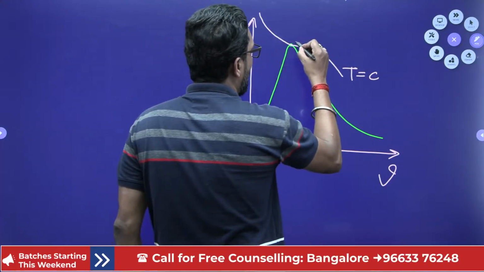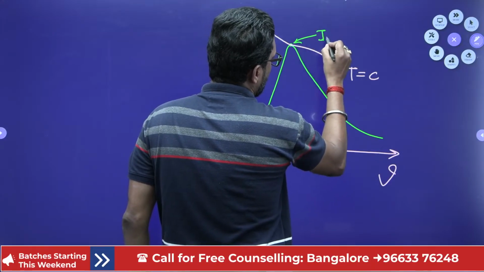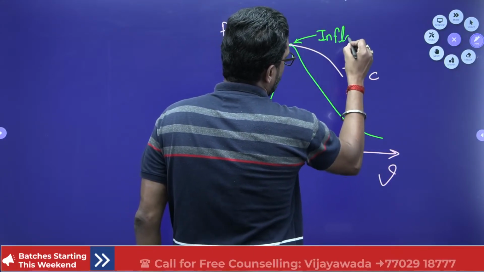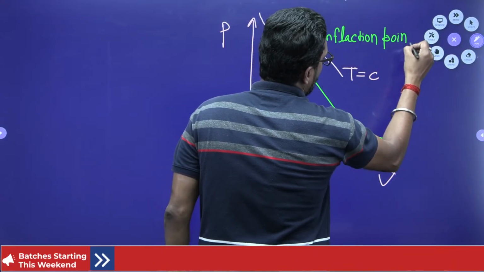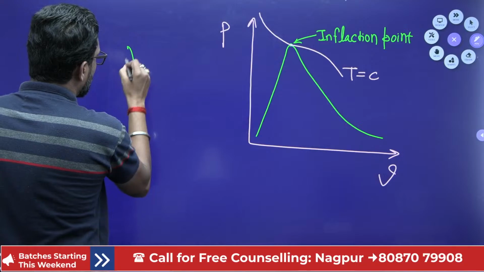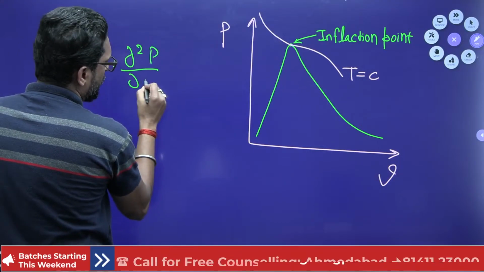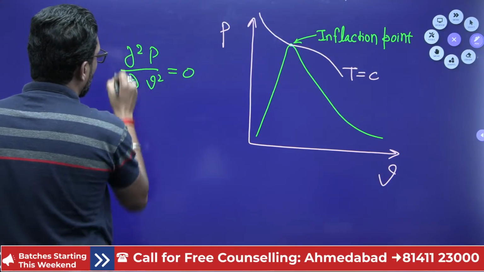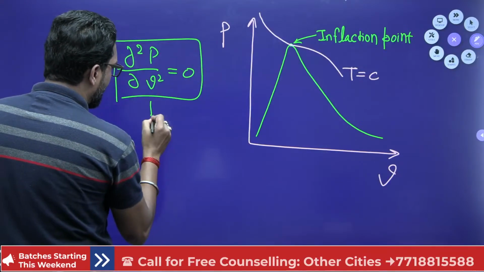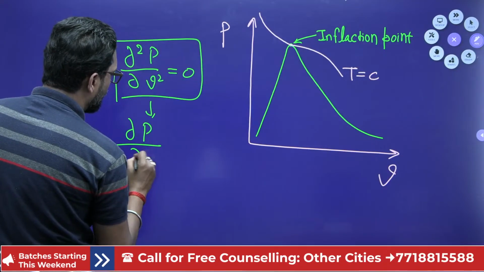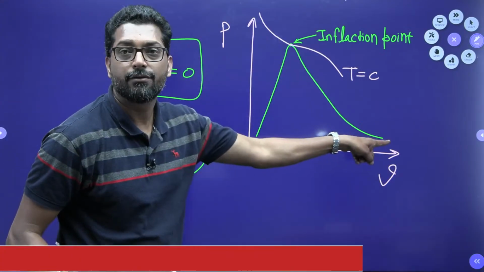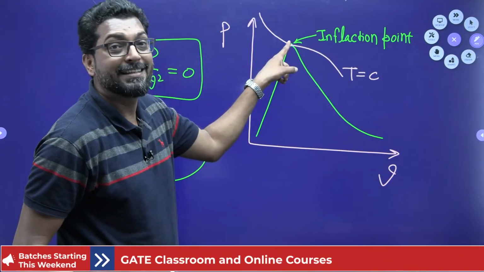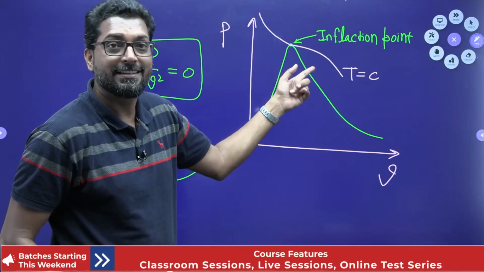So for an inflection point, d²P/dV² is equal to 0. But by default here, dP/dV is also 0. So it is not a maximum point, but this is an inflection point.